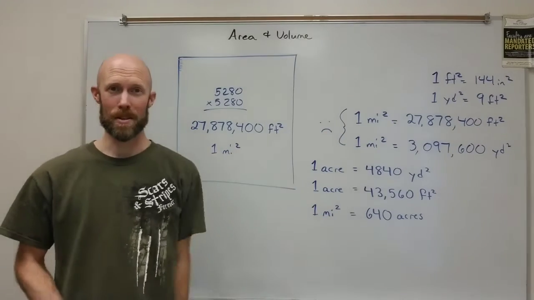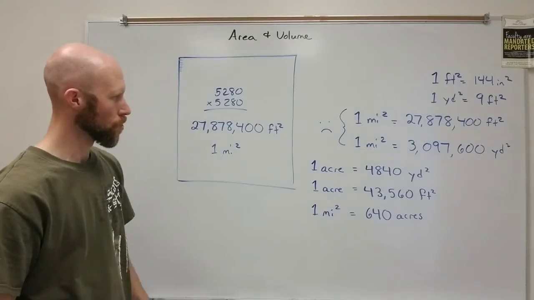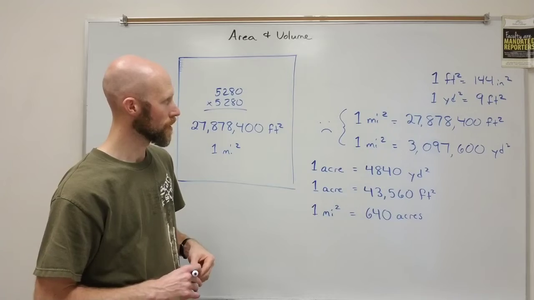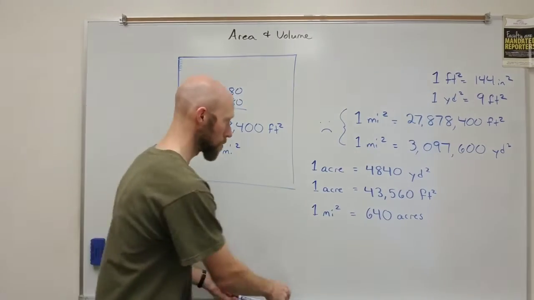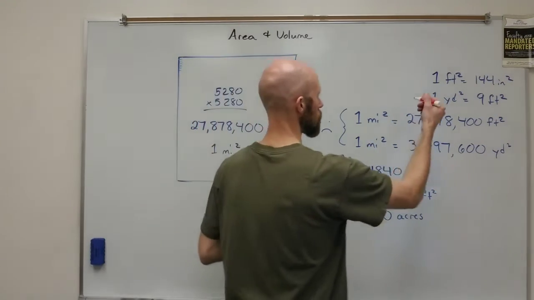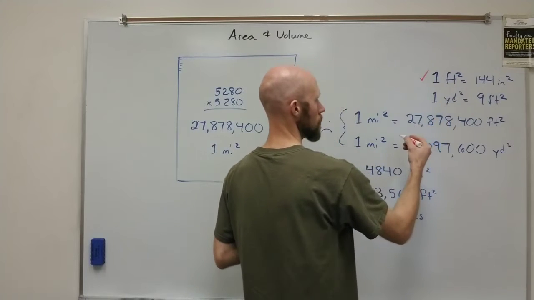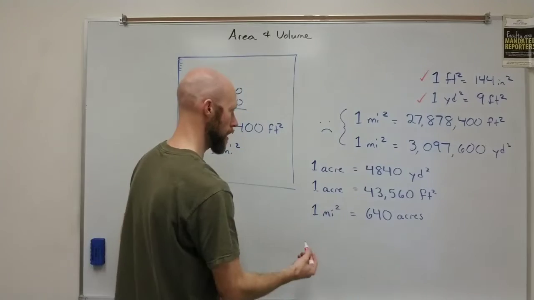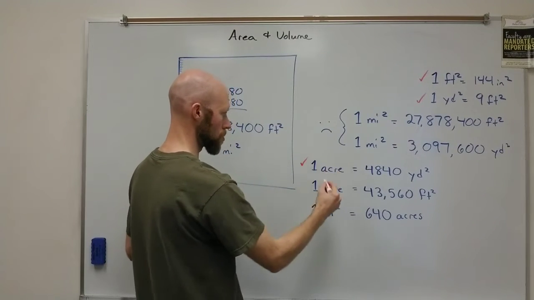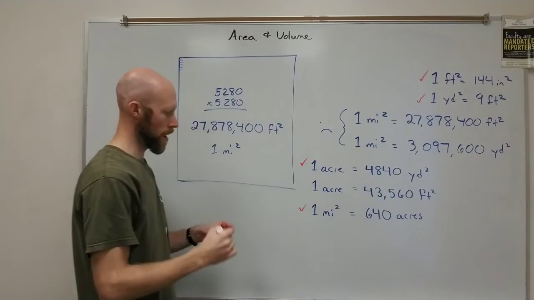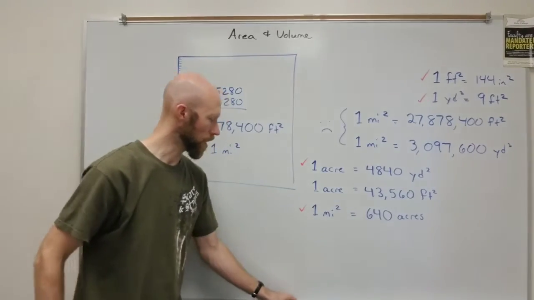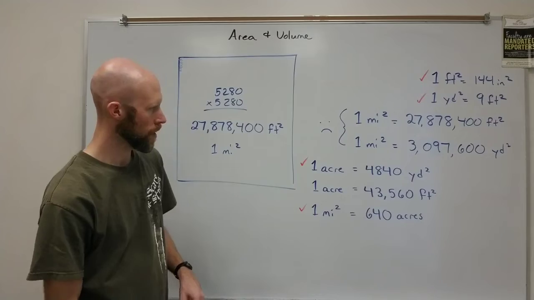So we get our numbers that we needed to. The ones that I really think are important to know are going to be this one right here, the square feet to square inches, the square yard to square feet, and the acre to square yard, and the acre to square mile. Those 4 are going to be the most crucial for you to be able to recall.